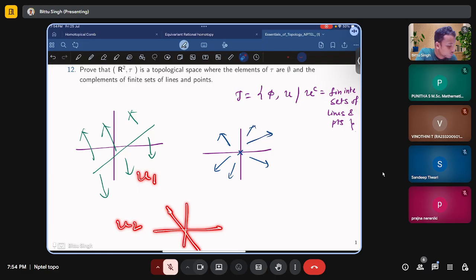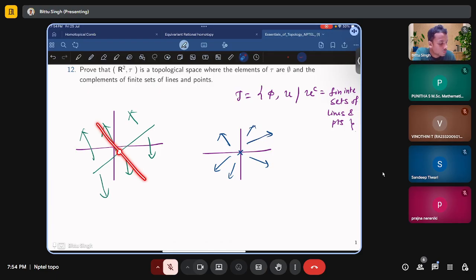U2 is another diagonal, so just remove this line. Then their intersection is given by removing those two lines, and their union will be given by just removing this point, maybe where they intersect. So this also belongs to this case, because removing a point is also okay.